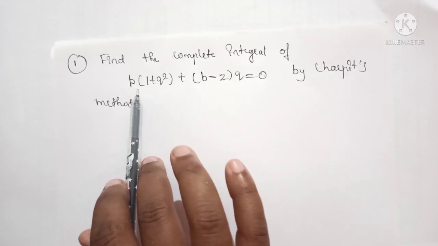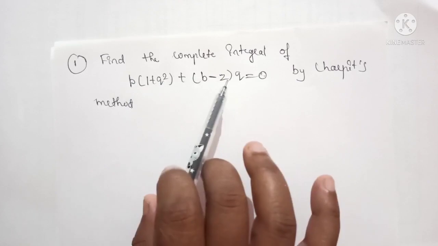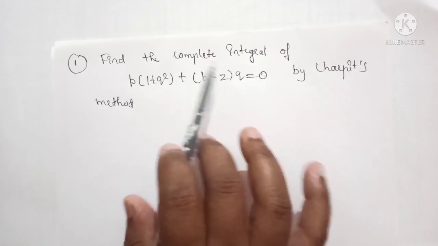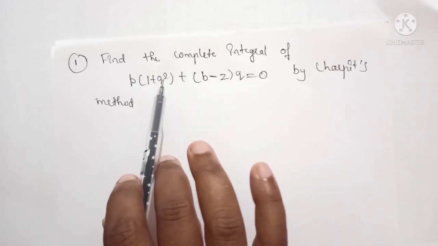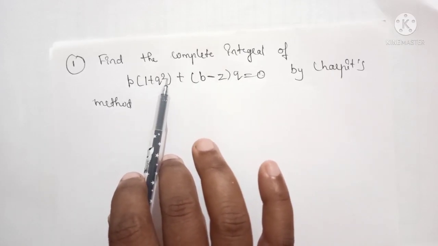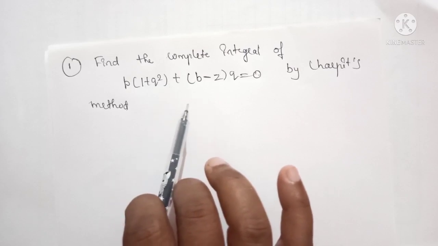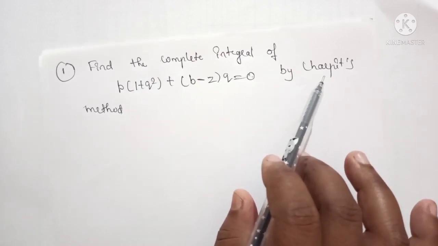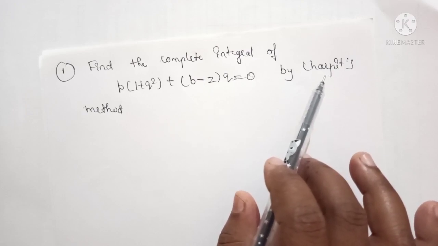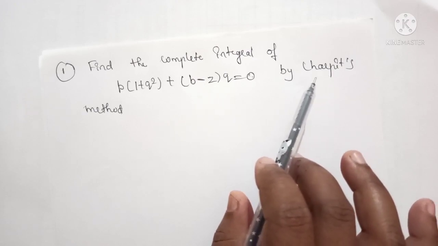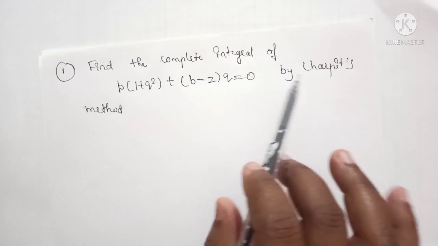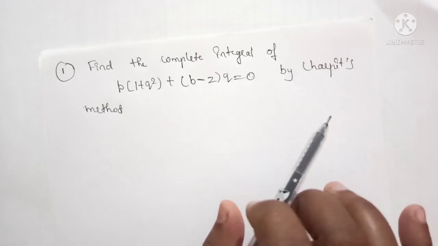This equation contains p, q and z terms, independent of x and y, so this can be easily solved by using the standard form 2. Even though, this can be solved by Charpit's method also, because Charpit's method is the general method of solving any nonlinear PDE. All the forms, type 1, type 2, type 3, type 4, can be solved by using this Charpit's method.